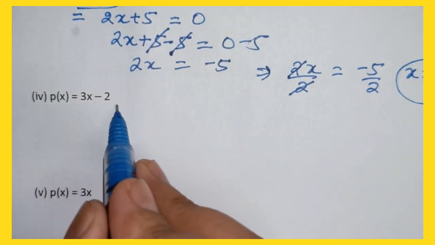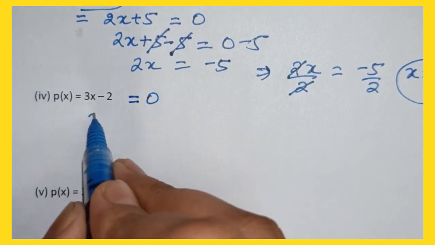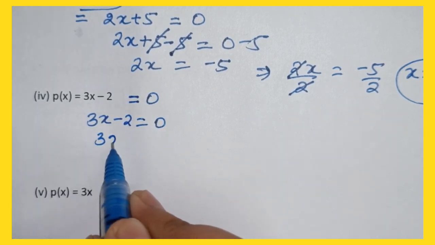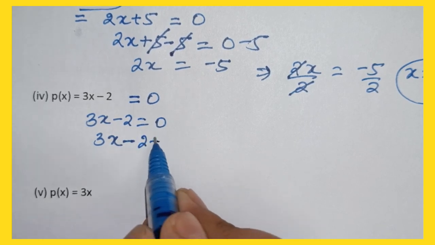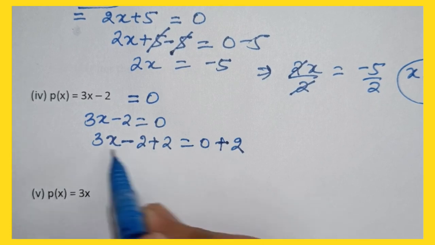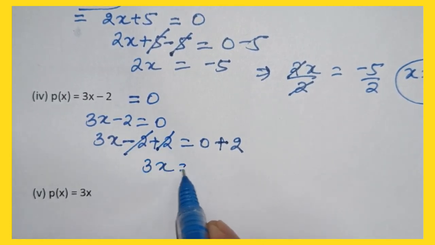Your fourth question is 3x minus 2. Just equate this equation with 0. Now you will have 3x minus 2 is equal to 0. Now add 2 on both sides. So minus 2 plus 2 will cancel out. You will have 3x is equal to 2.